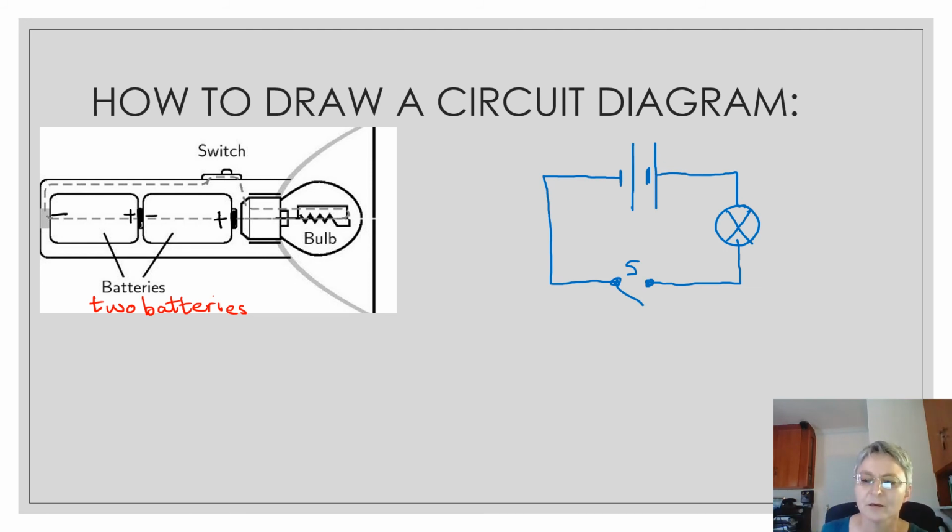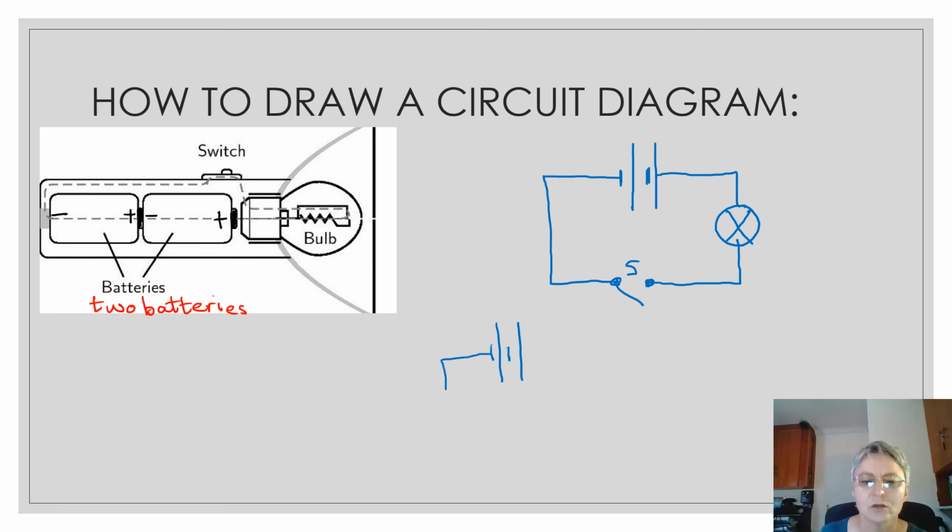It's not a picture, it's a short way to represent the torch. I'll draw it with the switch closed as well. So long line means positive, short line negative, long line positive, short line negative. That is how they're connected in the diagram.